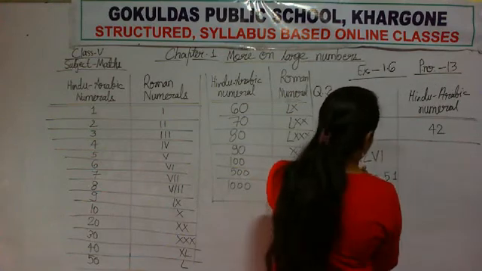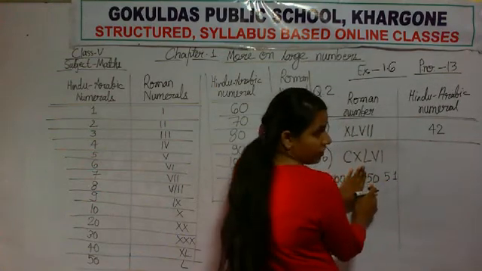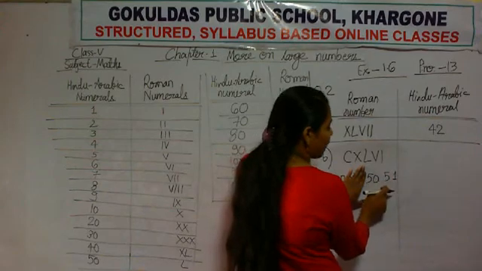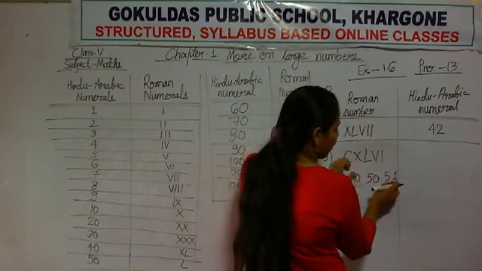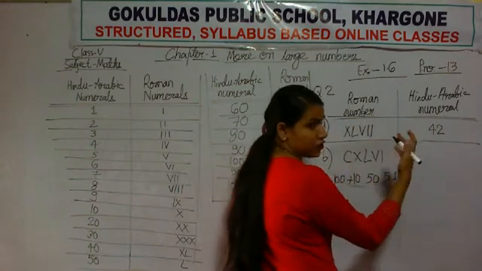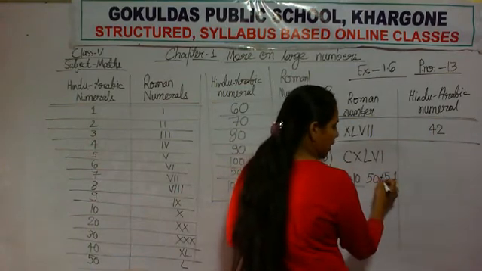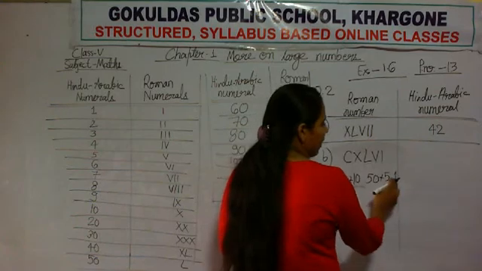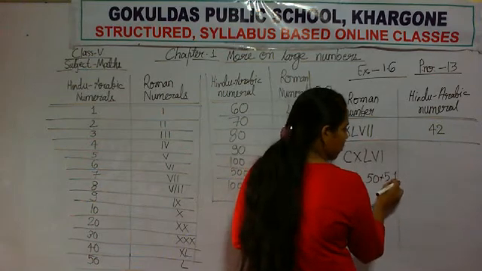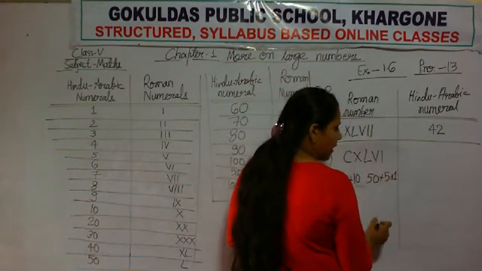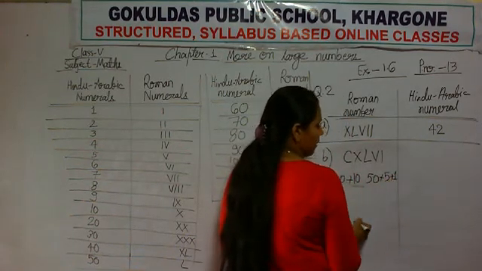Now you see this 50 and 5. The 50 is the larger number and 5 written right to it is smaller. If a smaller number is written to the right of the larger number, it shows addition. Again here 1 and 5: 1 is smaller than 5 and written to the right of 5, so it shows addition. So I am putting a plus sign here.